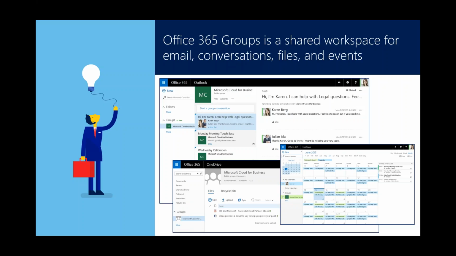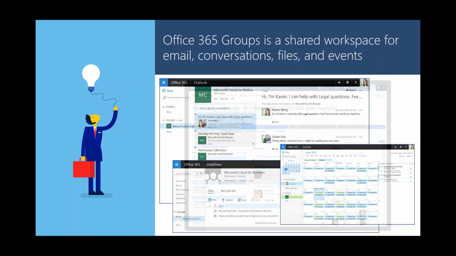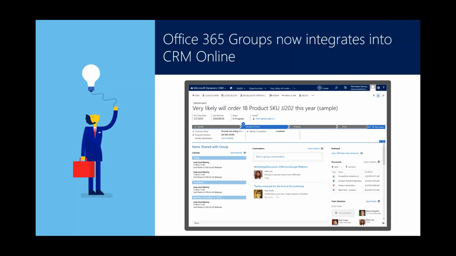We can effectively create Office groups. So this is an Office 365 feature that will enable you to share documents, emails, appointments, and other messages, conversations in SharePoint, and have those brought into a Dynamics CRM record.